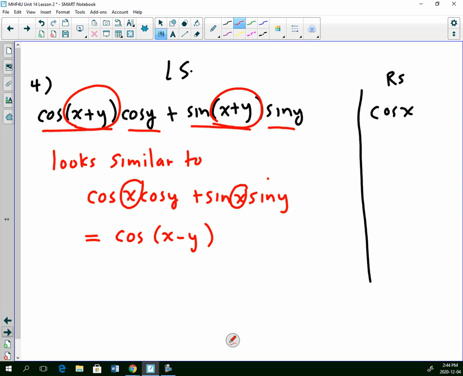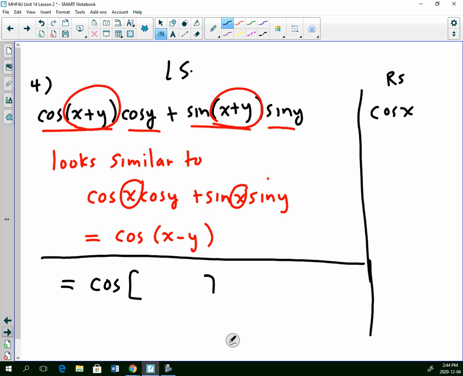But instead of x, it's that bracket x plus y. Okay, so I'm going to expand it or contract it back to cos (x minus y). But instead of x, it's x plus y. And when I collect like terms, I get cosine x.